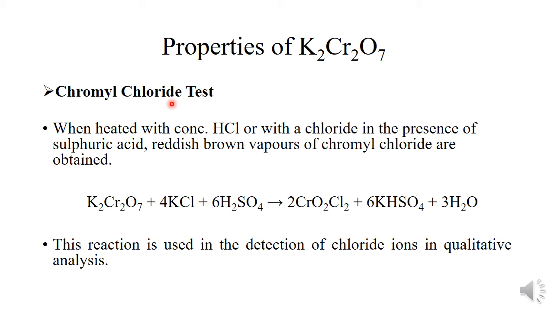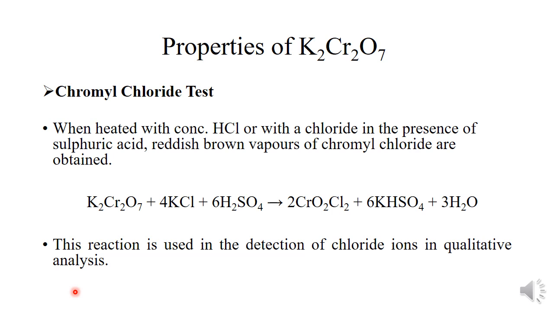When it is heated with concentrated hydrogen chloride or with a chloride, that is KCl, in the presence of sulfuric acid, reddish brown vapors of chromyl chloride are obtained. कि जब भी हम पोटेशियम डाइक्रोमेट को या तो कंसंट्रेटेड HCl के साथ रिएक्ट करवाते हैं या फिर किसी भी क्लोराइड आयन के साथ in the presence of sulfuric acid, then we get the reddish brown colored precipitates of this chromyl chloride.